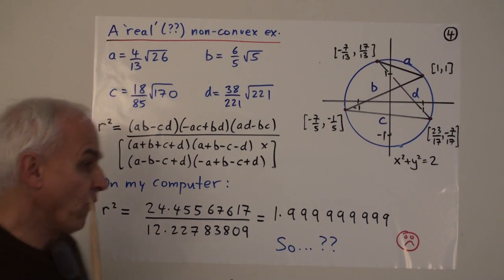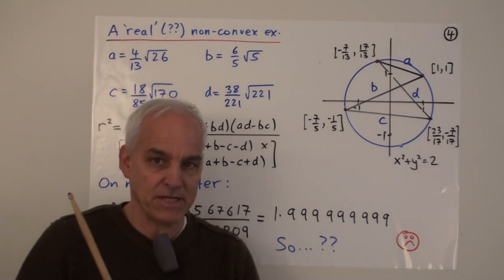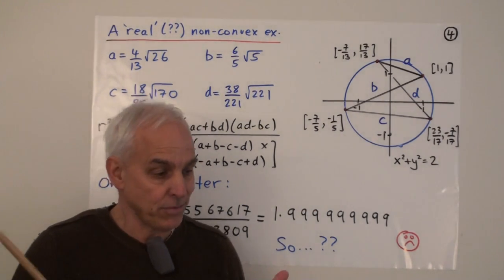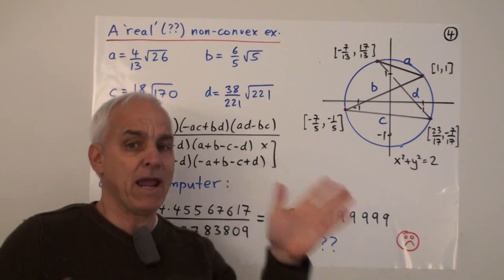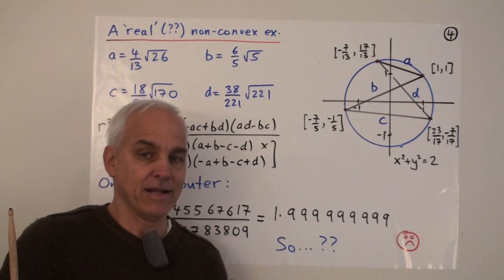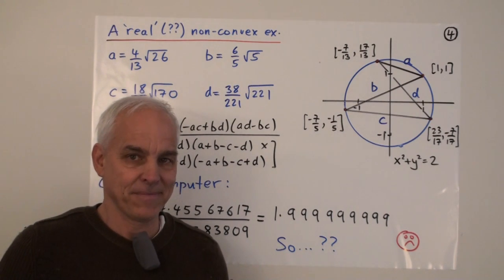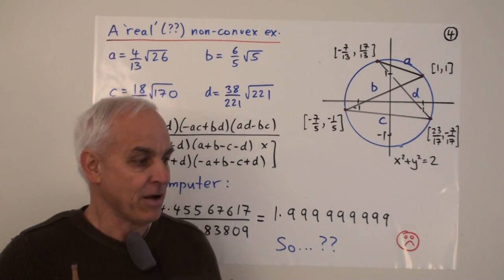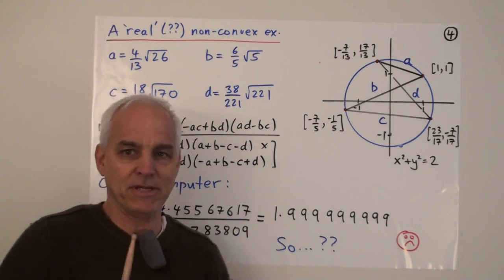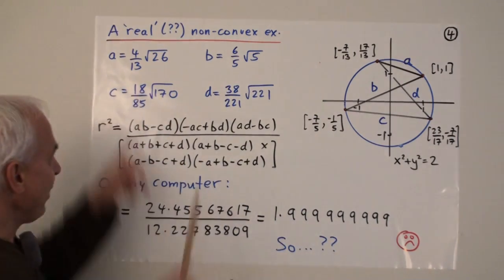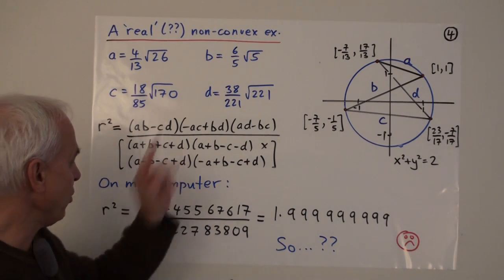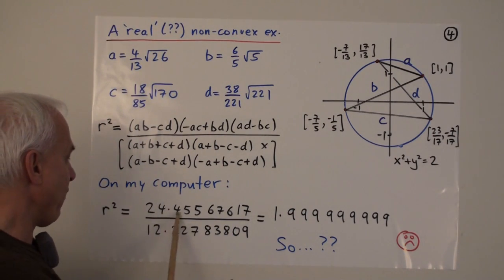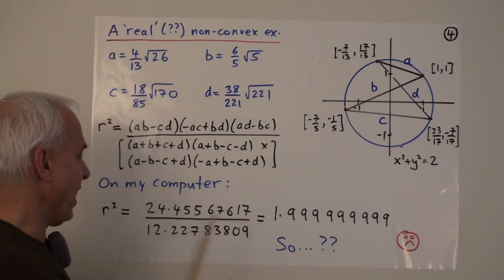And again, we can try to do this real number arithmetic, but of course we're not really able to do this real number arithmetic. One is never able to do the real number arithmetic unless it's a triviality. It's just the way it is. But we can pretend that we're doing the real number arithmetic, as we do, and plug these things in, do everything approximately. So on my computer, the numerator is 24.455676618.